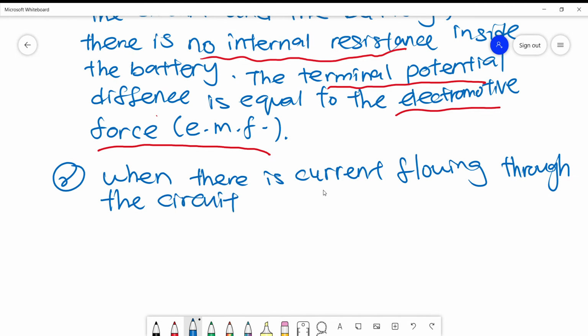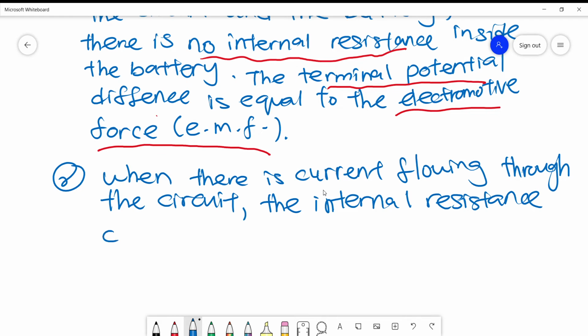When there is current flowing through the circuits, the internal resistance causes a drop in the potential difference inside the battery.